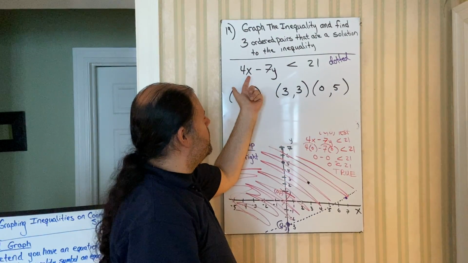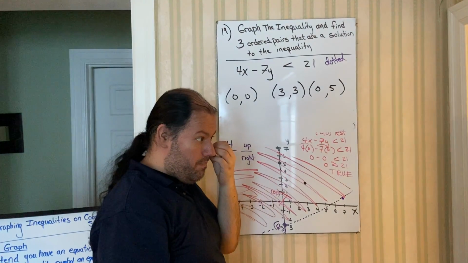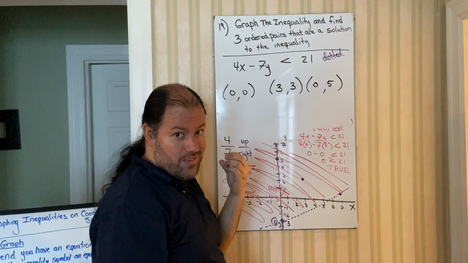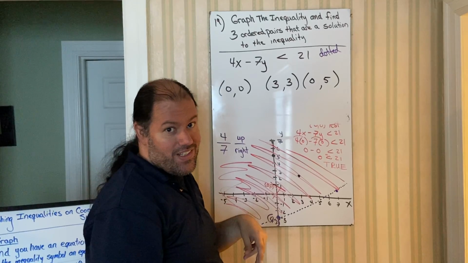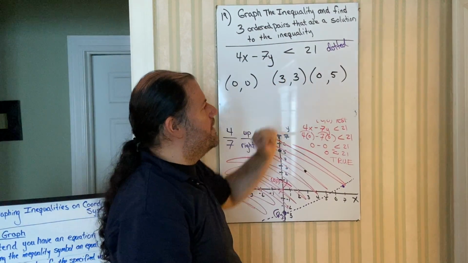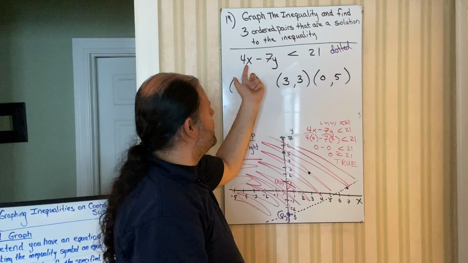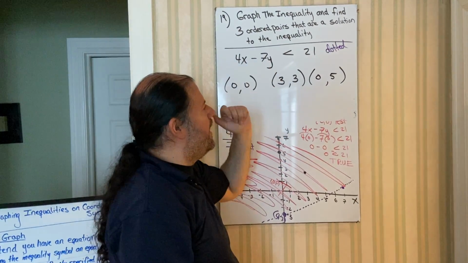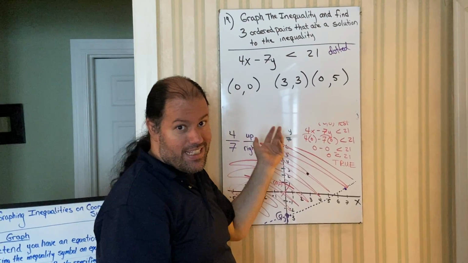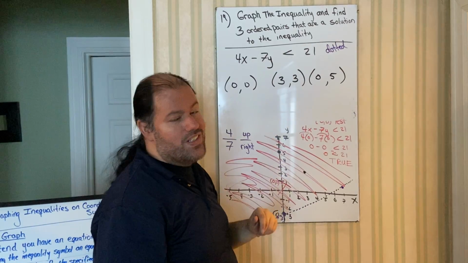This would be 12 minus 21. 12 minus 21, you're going to get a negative number. Okay, so negative 9 is definitely less than a positive 21. Or 0, 5, 0 minus 35, which would be negative 35. Negative 35 is definitely less than 21.